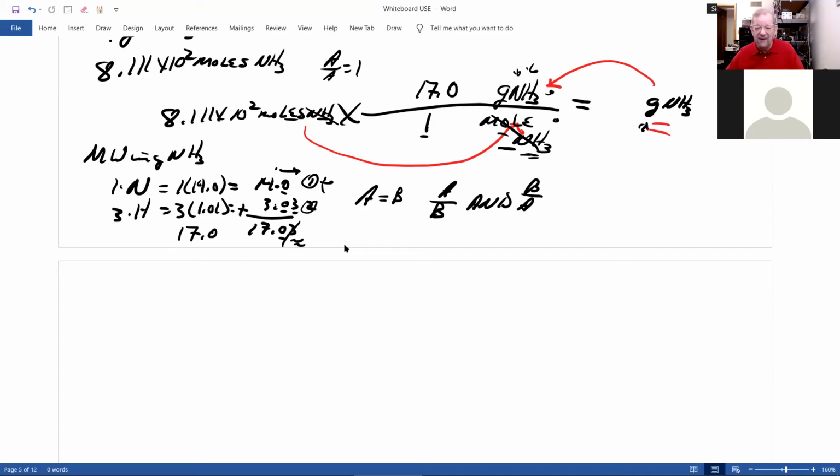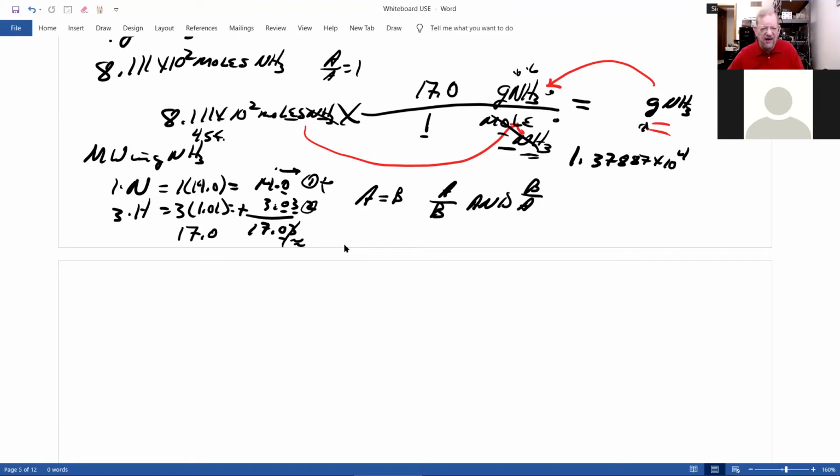And the number my calculator gives me is this. But when you do multiplication division, remember you get the same number of significant figures as the number that has the fewest significant figures. This has 4 significant figures.